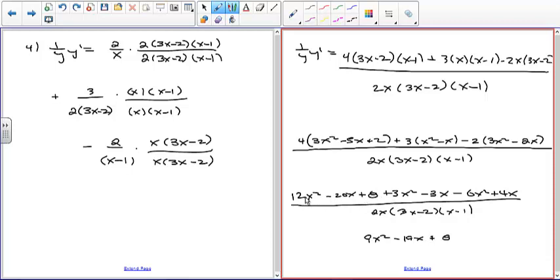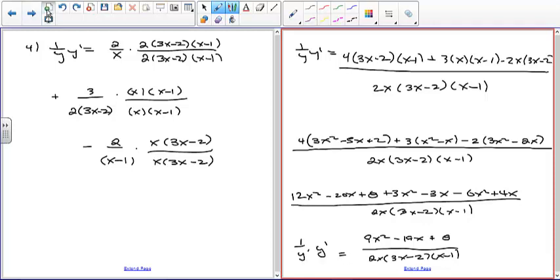Let's check that again. 12, 15, 9. Negative 20, negative 23, negative 19, 8. Okay, that whole thing divided by 2x times 3x minus 2 times x minus 1. Okay, and that's equal to 1 over y times y prime.